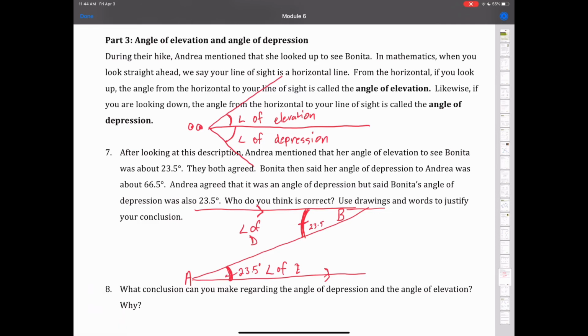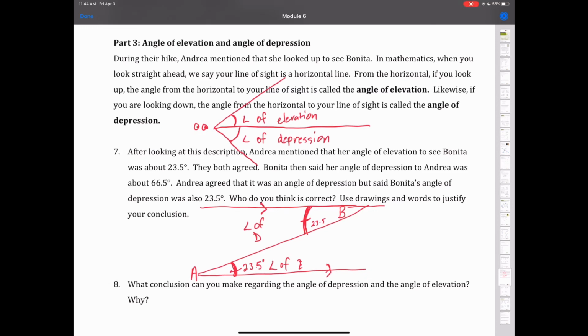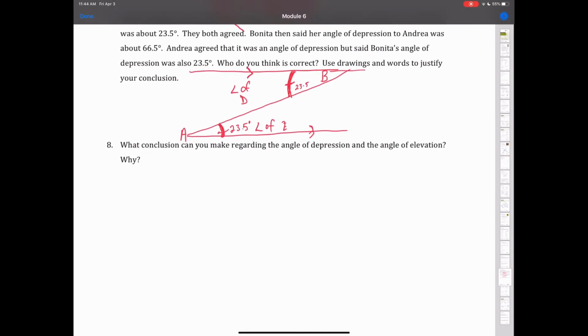So we can answer with some confidence saying that Andrea's idea is correct, okay? So what conclusion can you make about the angle of depression and the angle of elevation? Well, they are congruent. When we're talking about the same line, it's always congruent because they are alternate interior angles of parallel lines cut by a transversal. There you have it.